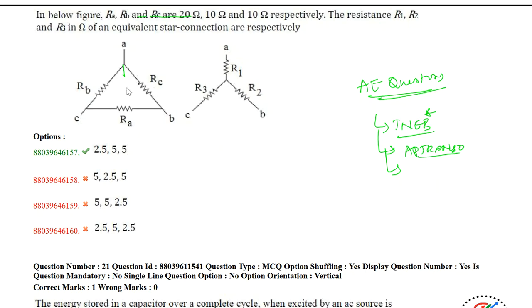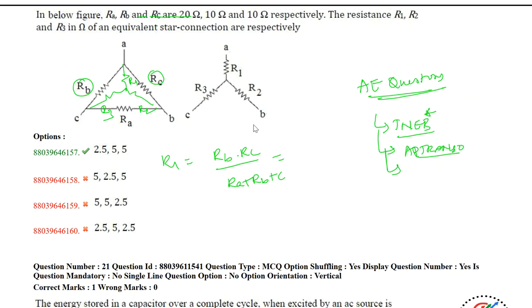Now see here, I will redraw the circuit here itself. Here will be R1, here R2 and here R3. R1 will be equal to RB into RC divided by RA plus RB plus RC. That means the product of the opposite resistances divided by the total resistance of the circuit.